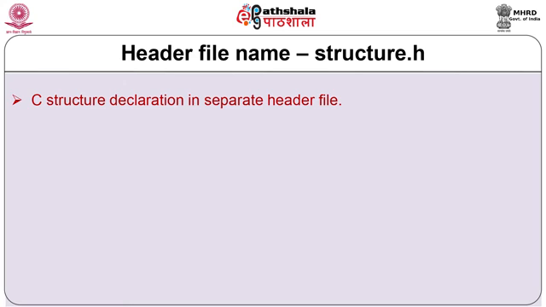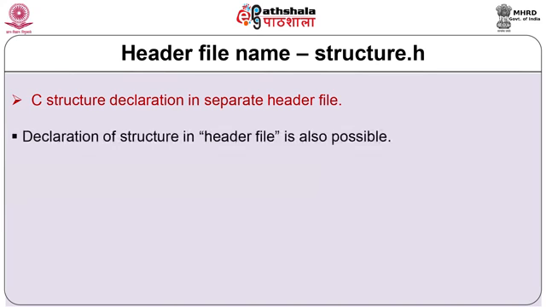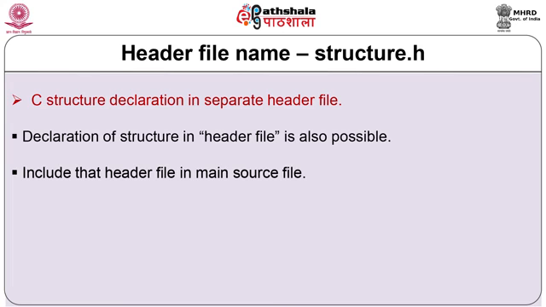Instead of declaring the C structure in the main source file, we can have this structure declaration in another file called a header file, and we can include these header files in the main source of the program.